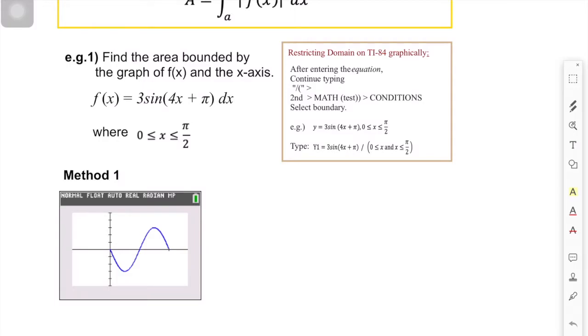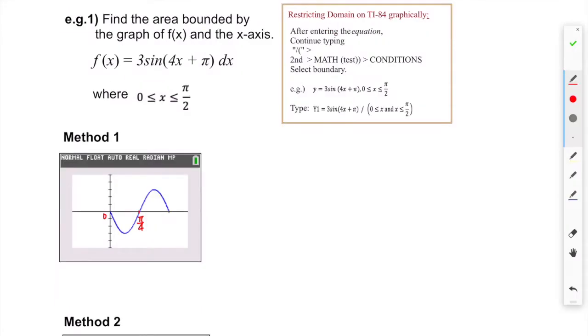Using the first graph here, I will actually have to divide my calculation into two sections and add the area separately. I know that on this graph, from 0 to pi over 4, whatever definite integral that I calculate, I will have to make it positive if I want to count the area. And then from pi over 4 to pi over 2, I can use this area as is.